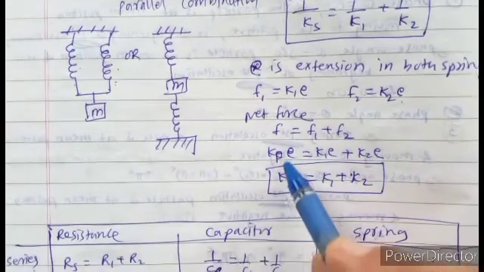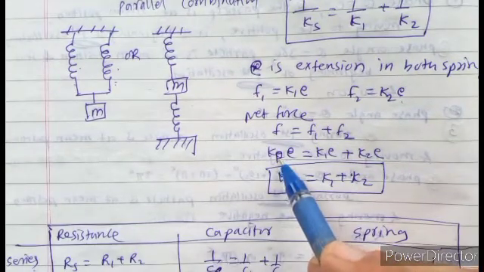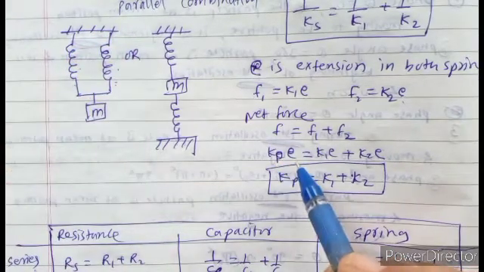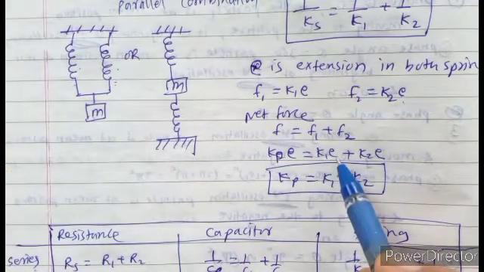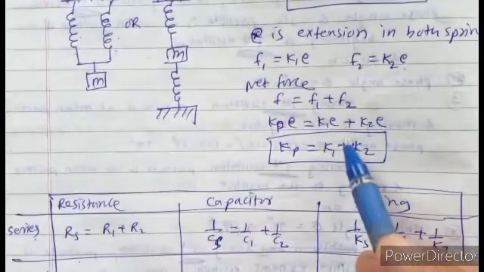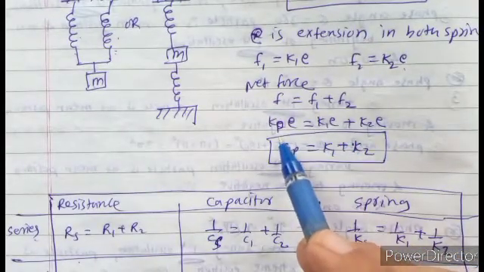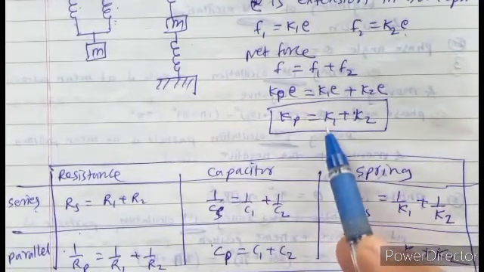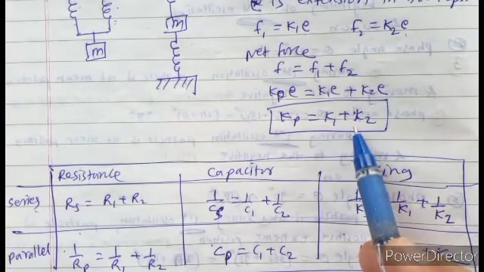Substitute the value. Kp is the resultant force constant for parallel combination. So Kp into E is equal to K1E plus K2E. Take E as common, shift it to the LHS, E cancels and we get Kp is equal to K1 plus K2.